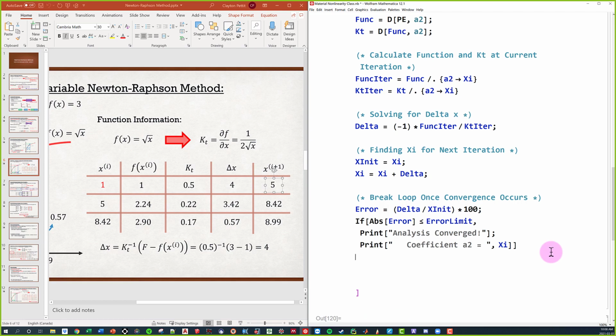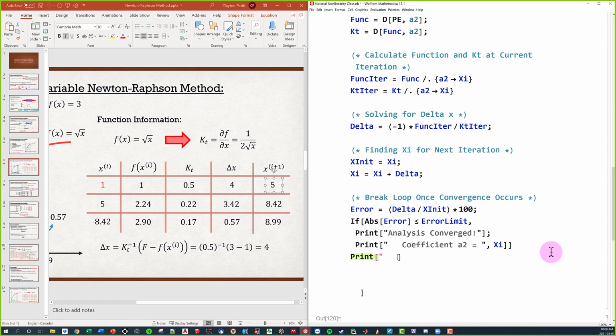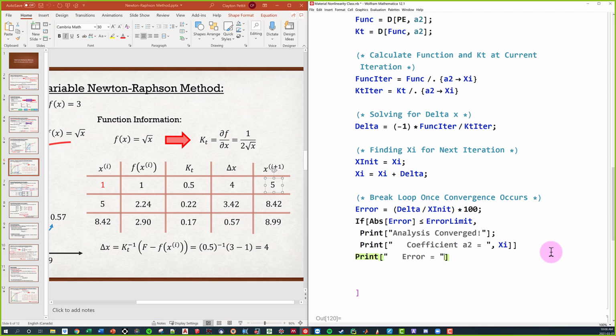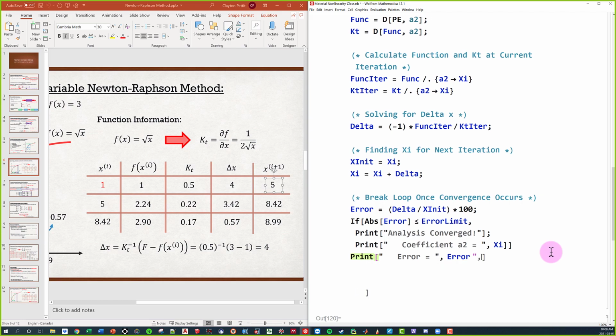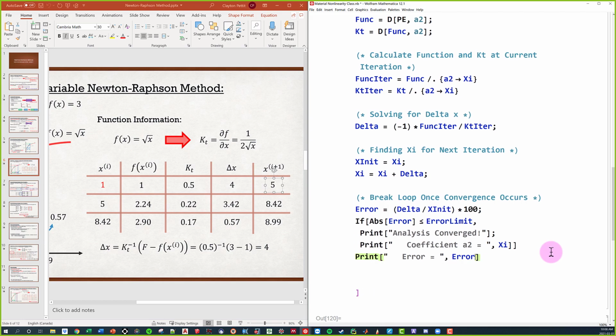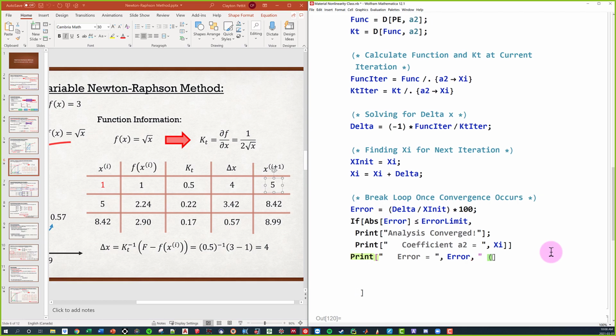What I'm also going to do is print our error. So I'm going to go "error is equal to" error, and I just want to specify that this is in a percentage.